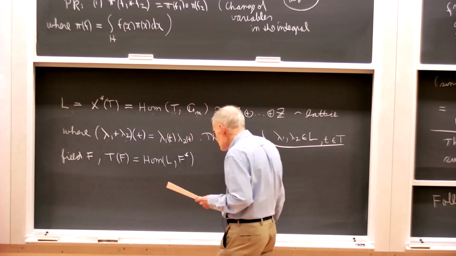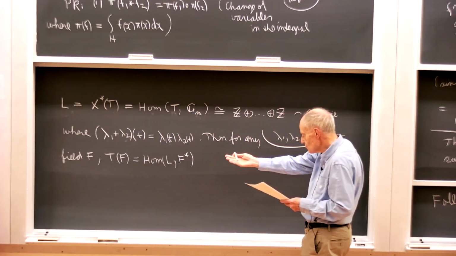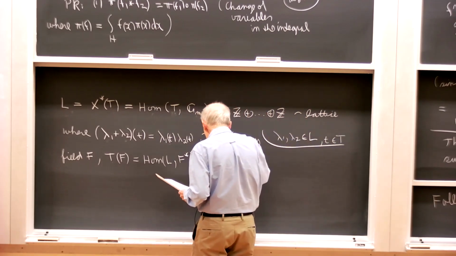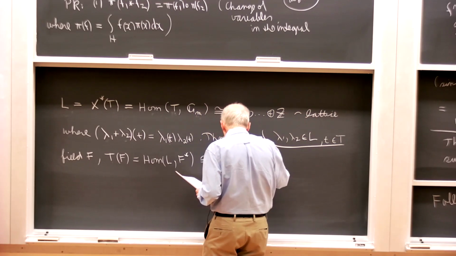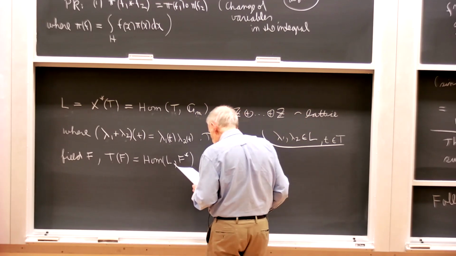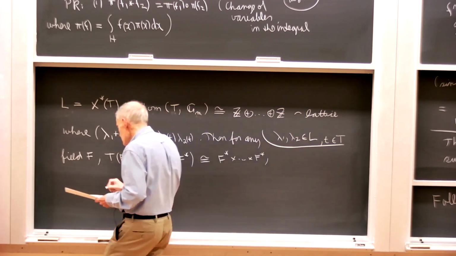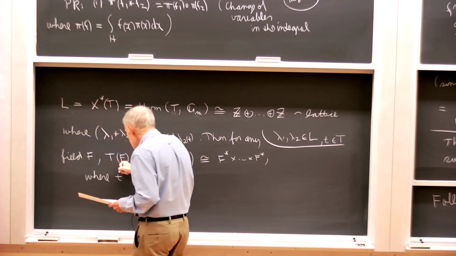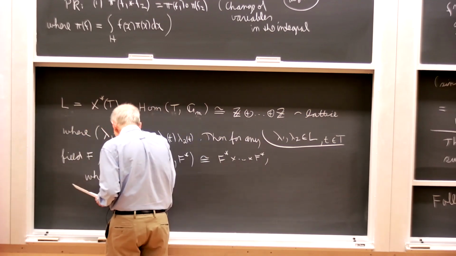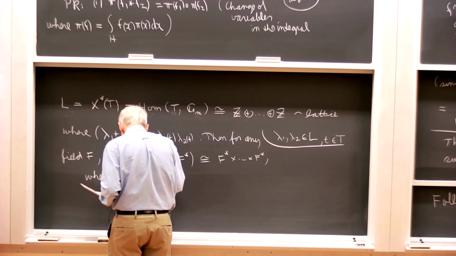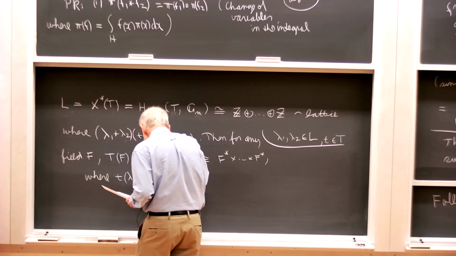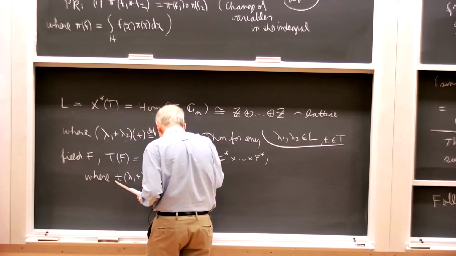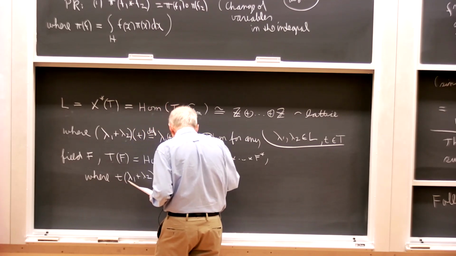And this is now a homomorphism of groups, but still isomorphic to F star cross F star, where T of lambda 1 plus lambda 2 is by definition equal to T(lambda 1) T(lambda 2).